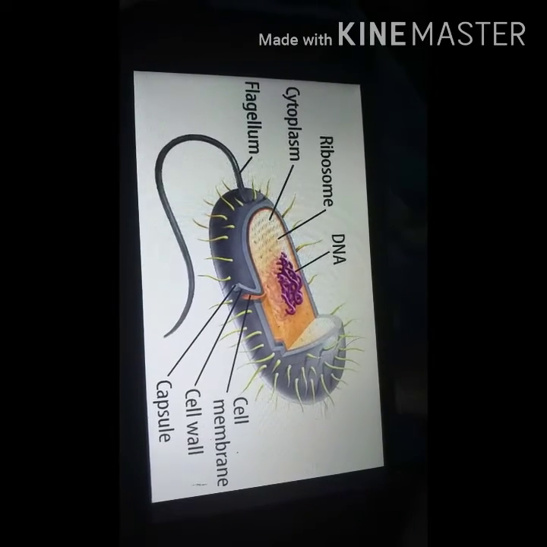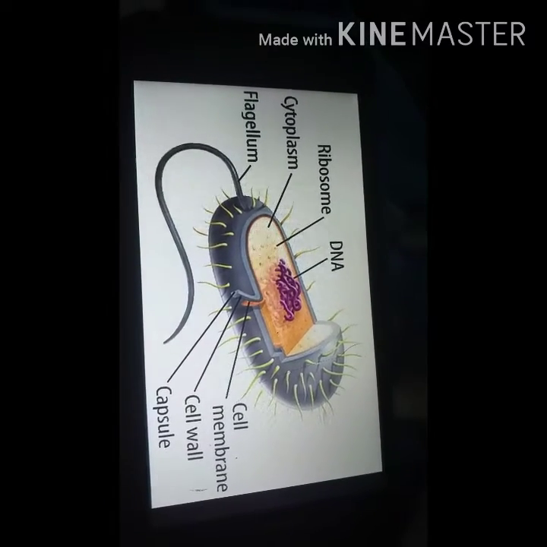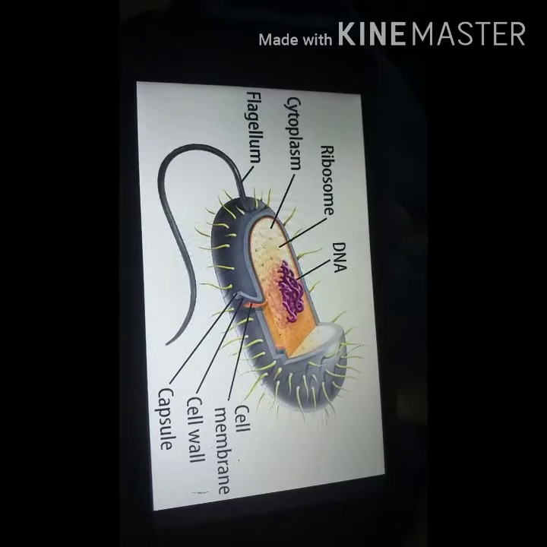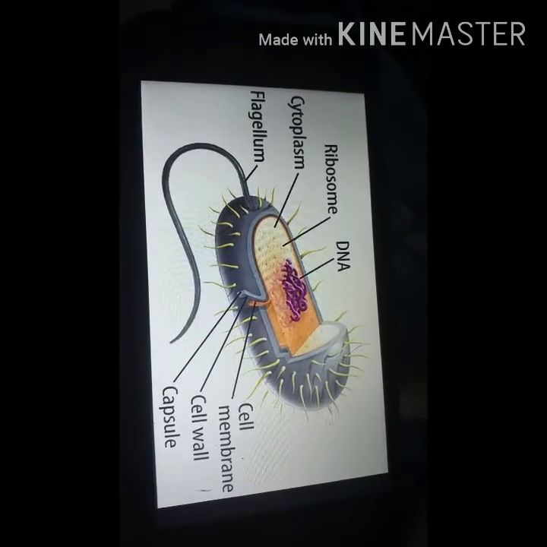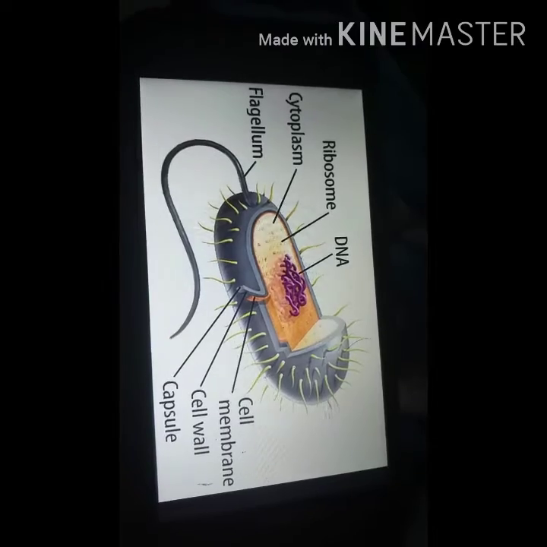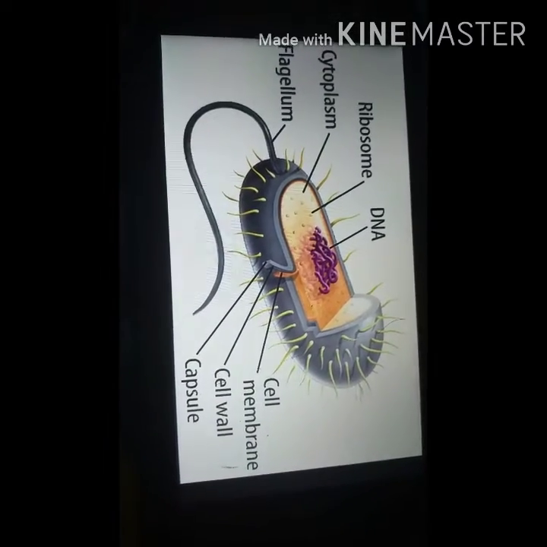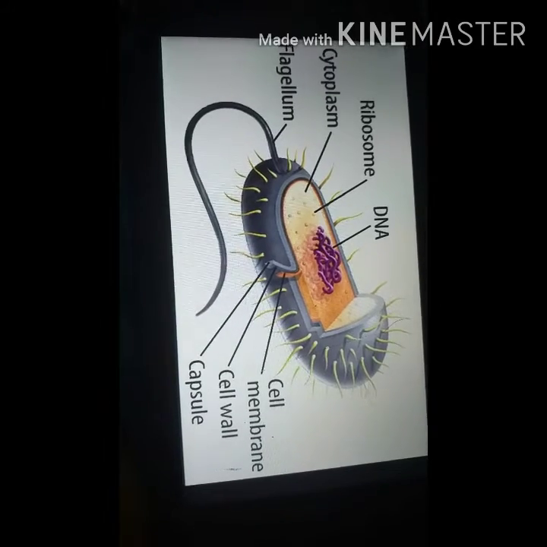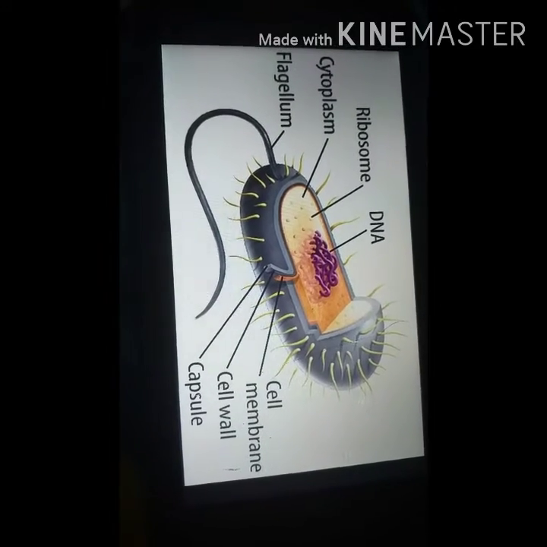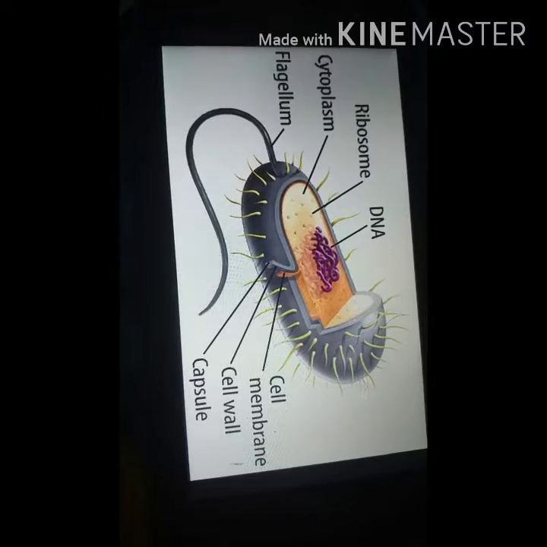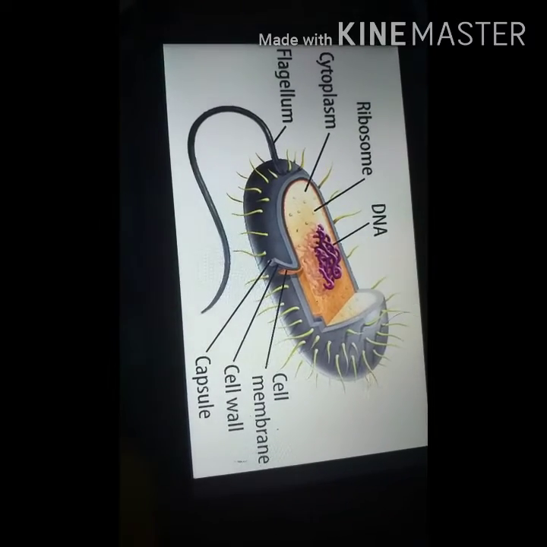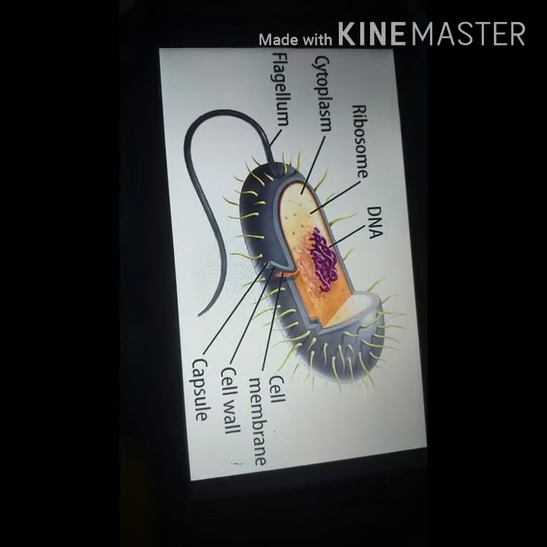Using bacteria as our sample prokaryote, the following structures and organelles can be found in bacteria cells. So as you can see, we have the bacteria cells, the DNA, ribosome, cytoplasm, flagellum, cell membrane, cell wall, and a capsule.